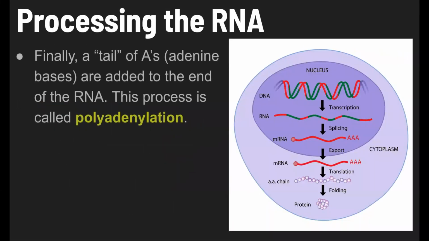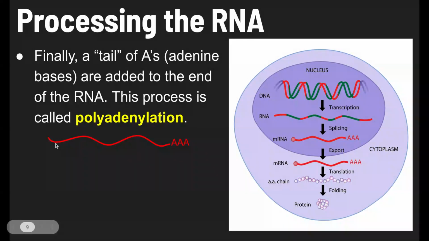Okay, there's one last step to do to the RNA, and that is polyadenylation. There's a tail of the letter A's, which are adenine bases, that get added to the end of the RNA. That process of adding that string of A's at the end is called polyadenylation. You can kind of see in this picture what we have.